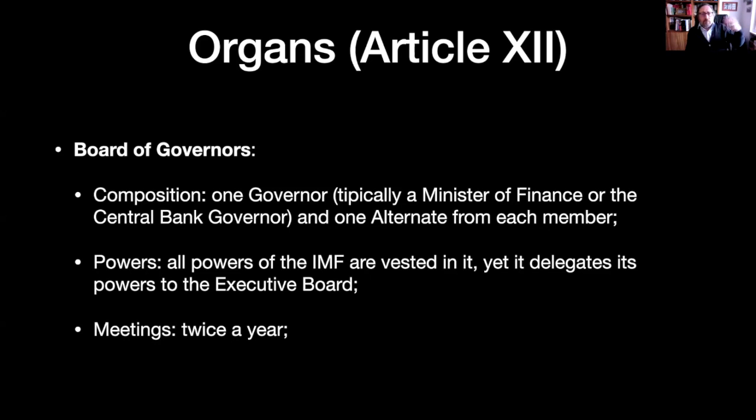And these assemblies work as both the Board of Governors of the IMF as well as the Board of Governors of the World Bank. So there's a sort of mixed assembly for both. They use different hats, of course, depending on whether they're meeting as the Board of Governors or as the World Bank Assembly.